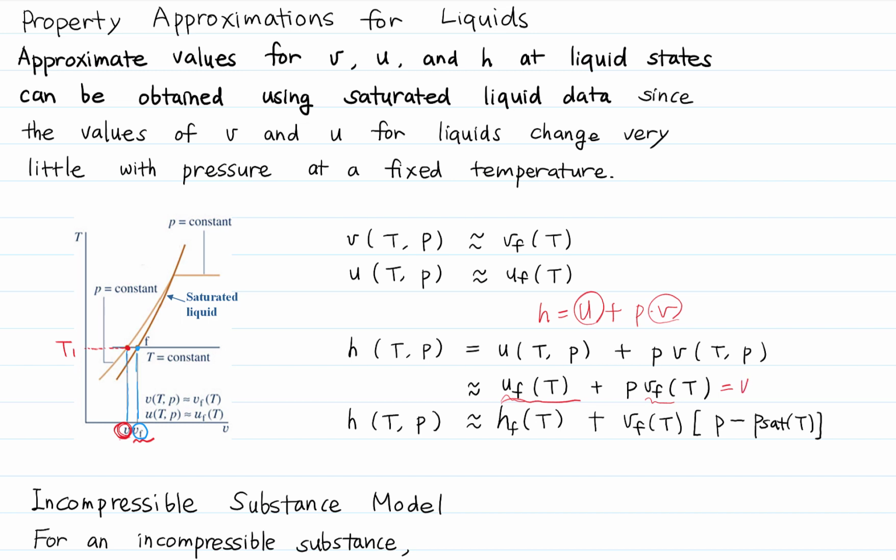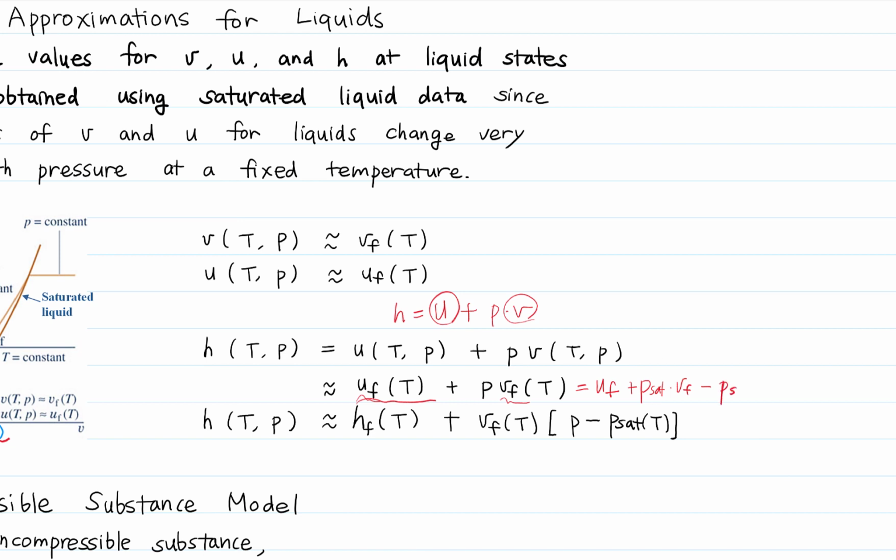We add P_sat times v_f, and subtract P_sat v_f, plus P v_f. This term is the enthalpy at the saturated liquid, and this term is v_f times (P minus the saturation pressure). That's how we got these equations.